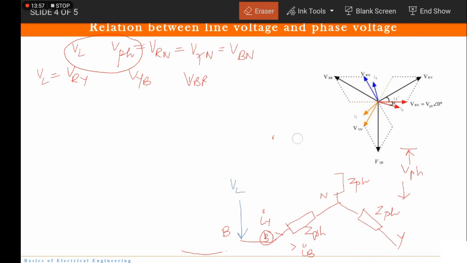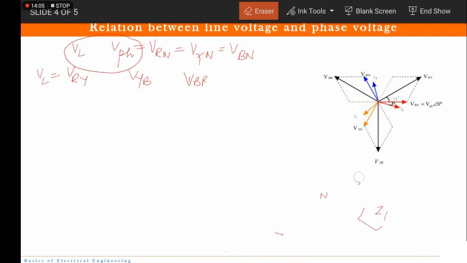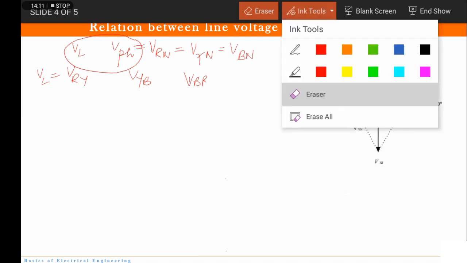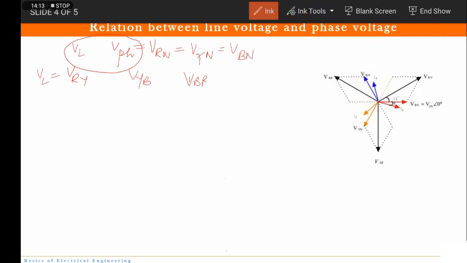I will erase this and I shall make it again. So what we will do is we will make the diagram again. Yes, now it is okay.